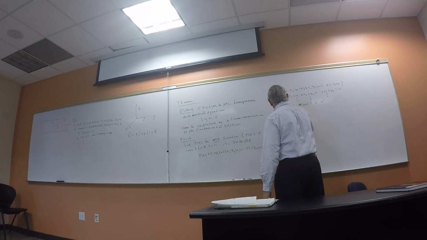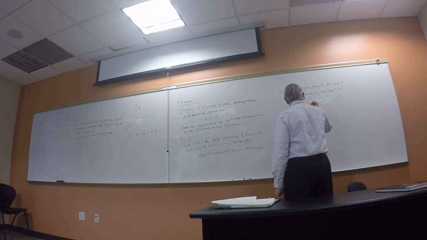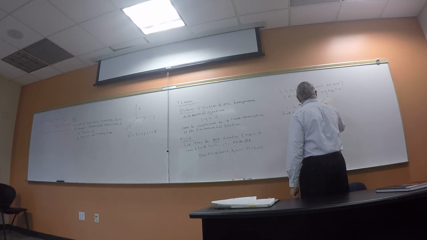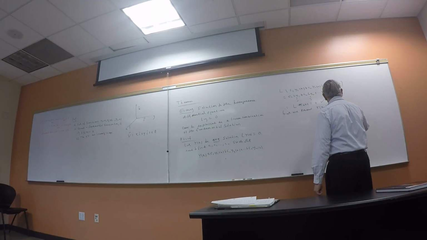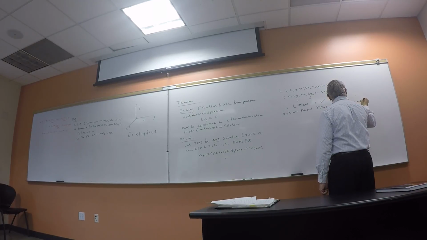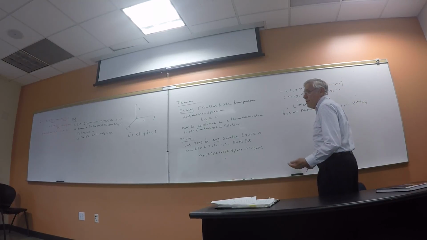We know y at some point x0, we know y prime of x0, all the way down to the n minus first derivative at x0. Those are known because he gave me y of x.